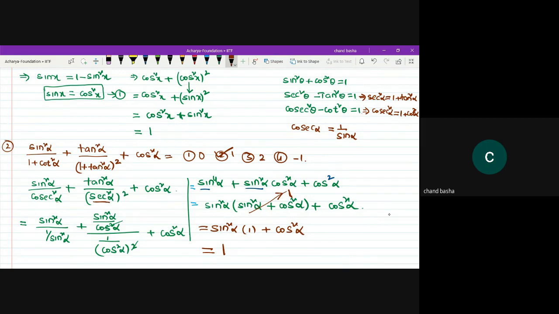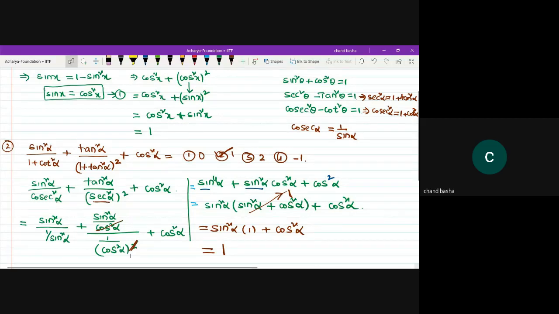Tan means sine by cos, I have written sine by cos. And this square will get cancelled, and it is in reciprocal. So cos square will come in the numerator, sine square into cos square. Cos square will get cancelled. Yes sir. We'll go for the next question.